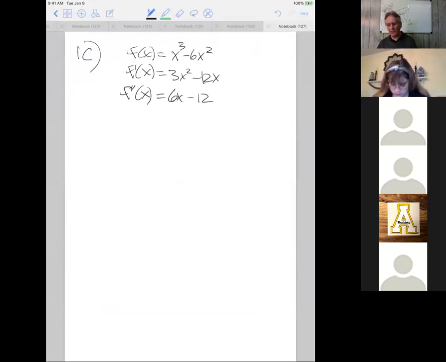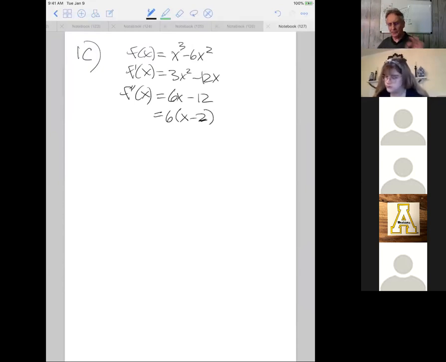And this again is where a couple of you got the derivative, but then factoring bit you a little bit. So it's a matter of recognizing here, again, that 6 is common. So if you factored this out, you ended up getting 6, and a couple of you got something other than 2 there, okay?